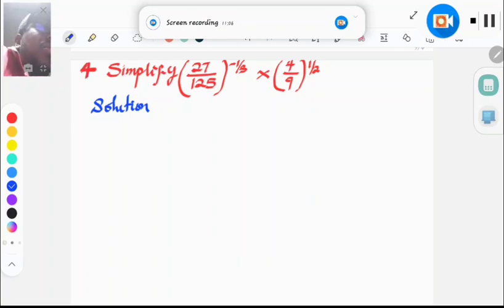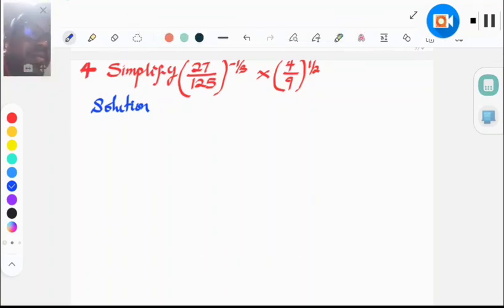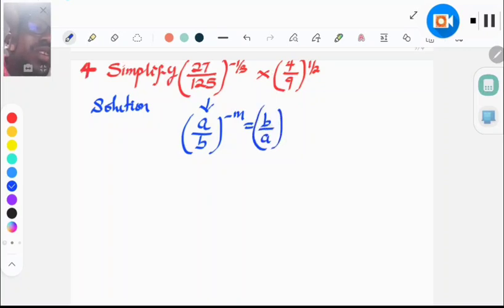Okay. Right, so the next question we have here is on indices. So we are just going to be applying some of the basic principles we have on indices. So for this first one, there is a principle that says if you have a over b raised to the power and the power is negative, basically the principle is just interchange the fraction and you have b over a raised to the power of n.